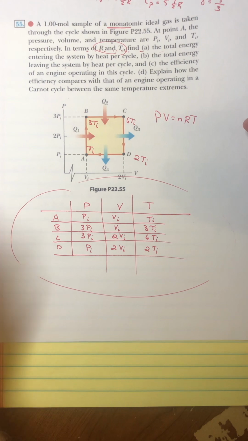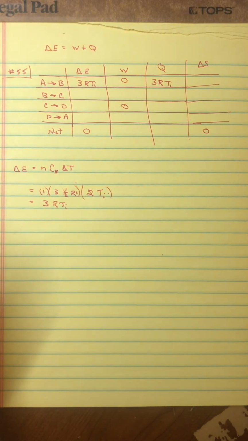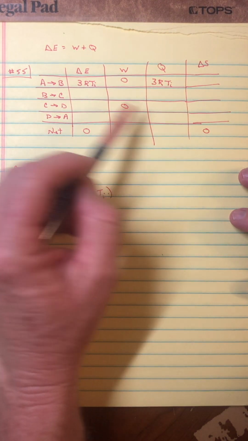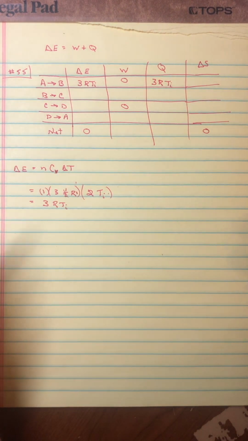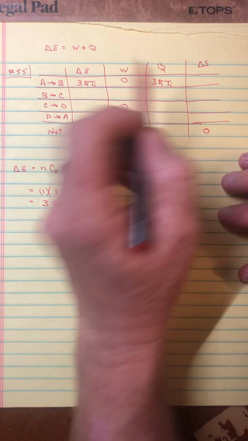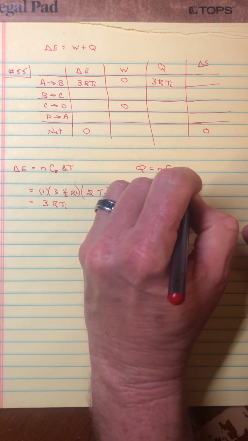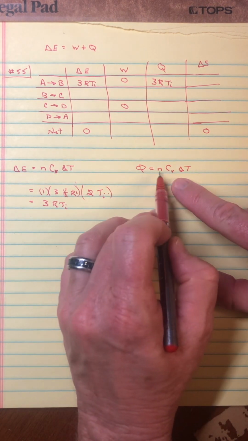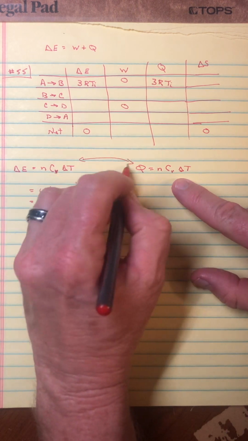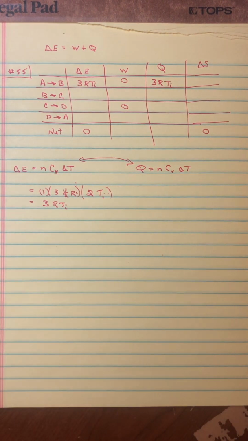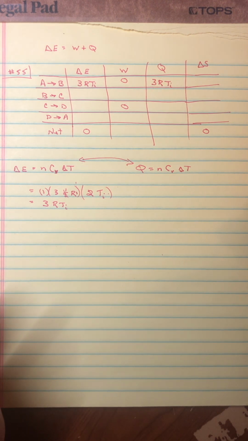And so I guess in this case, you might actually say these are just as easy as these. And in fact, if we were doing this one, we would have said Q equals nCV delta T because it's a constant volume. And notice that's the same formula. So notice we get the same number, not a surprise there.